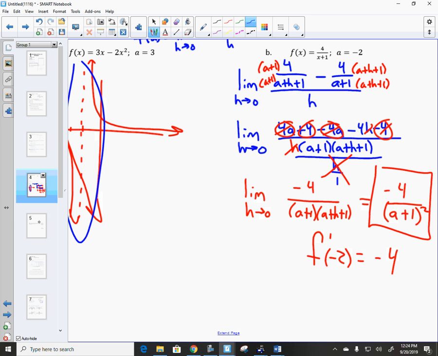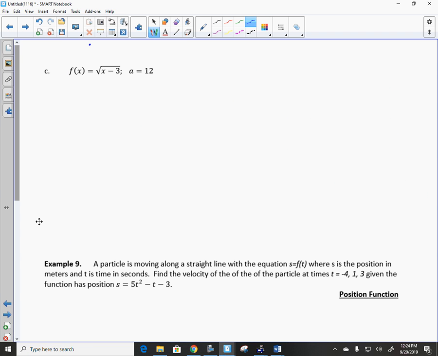Flip it over, last example. I'm going to show you the second way of doing it, okay? So that's one way of doing it. Here's a different way of doing it, okay?